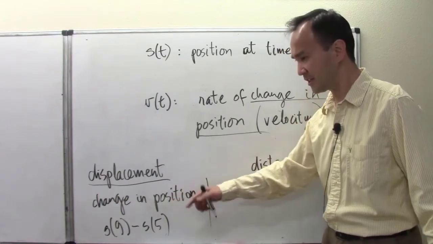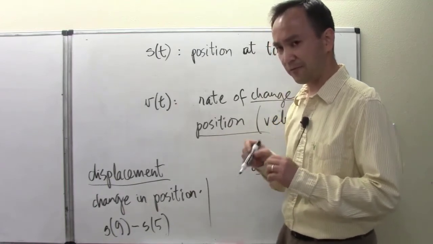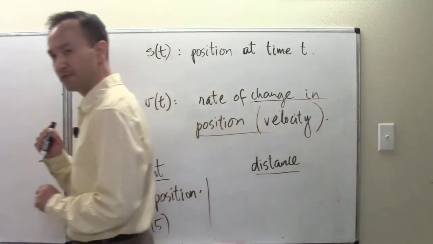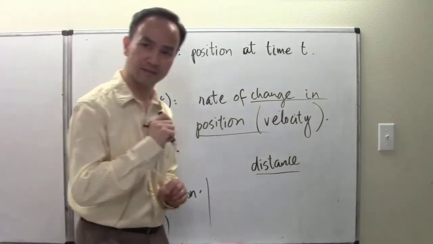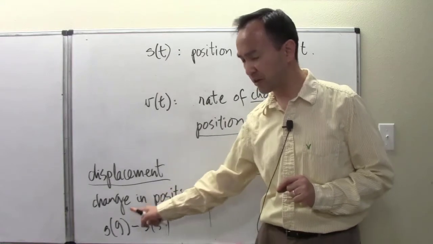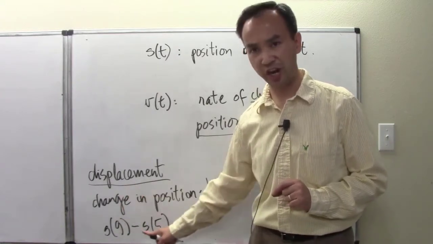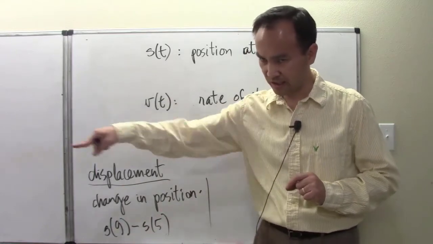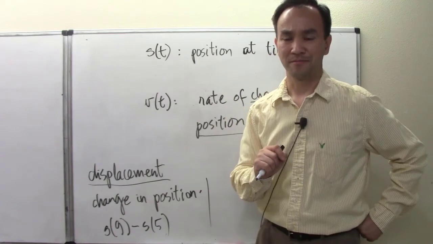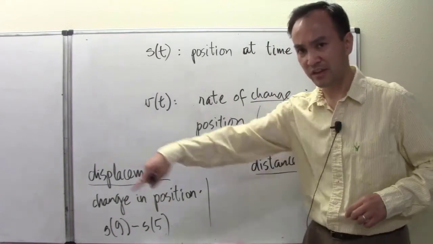Think about it like this. From where I start, I walk forward and I walk back to the same spot. As far as changing position, I end up with 0 change in position, because I come back to the same spot. But did I travel 0 distance?